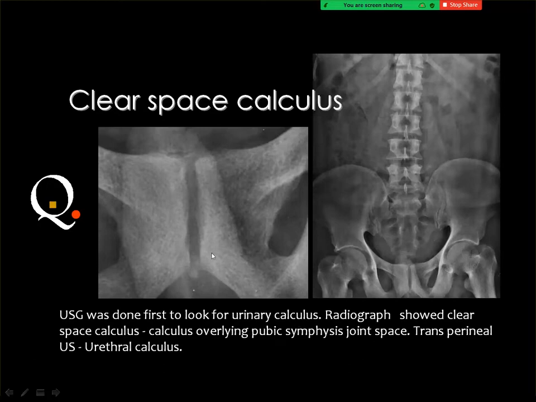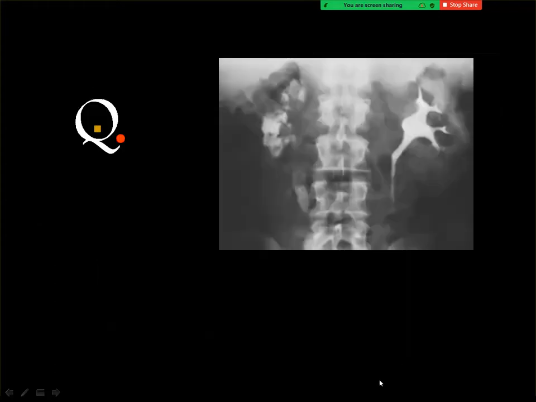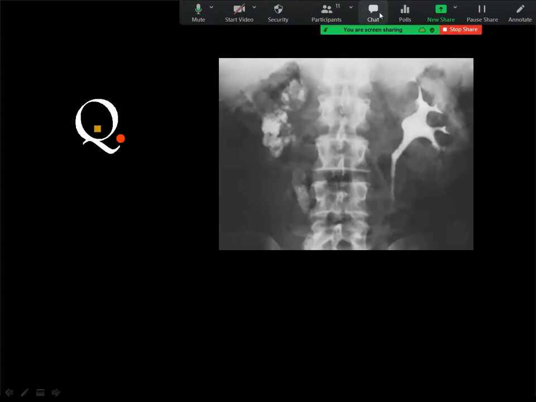Many times this space is not included in the plain film, but in the previous days they instructed the junior staff they should include this part of the urethra within the film for fear of the presence of calculi in such space.